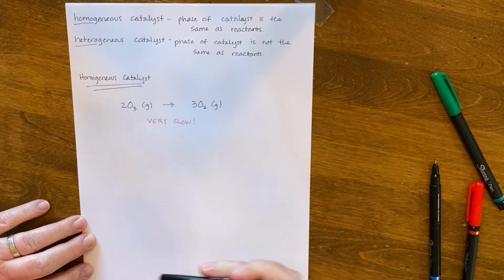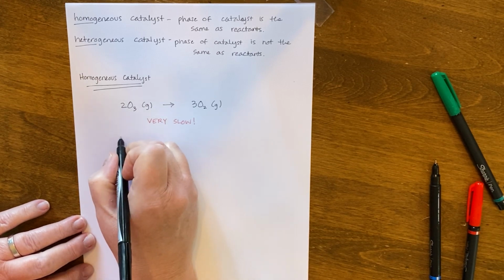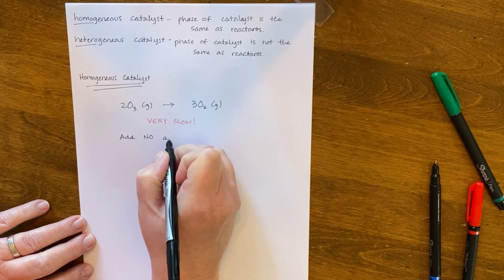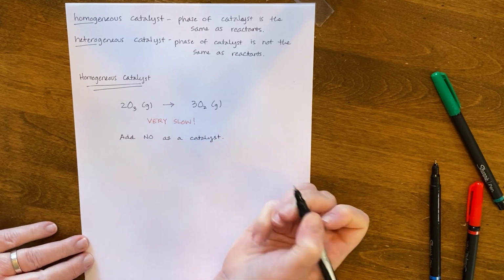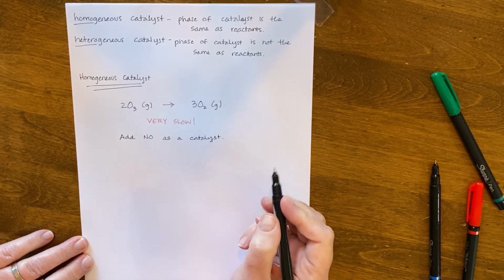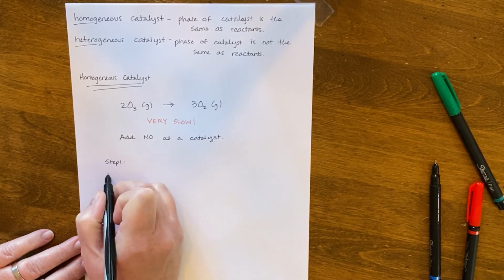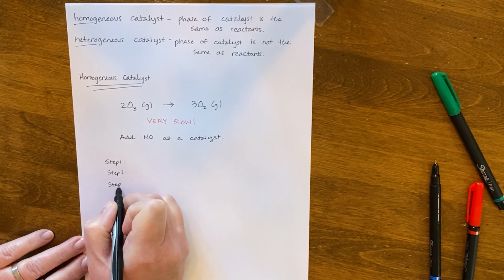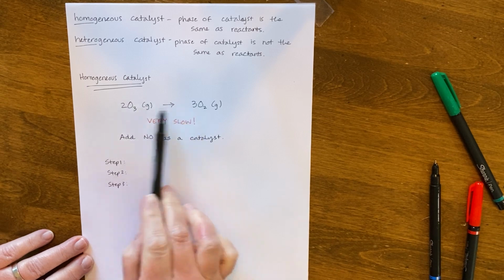But we can speed this reaction up if we add nitrogen oxide as a catalyst. And if we do that, we end up getting 3 steps that, when taken together, give us this overall reaction.